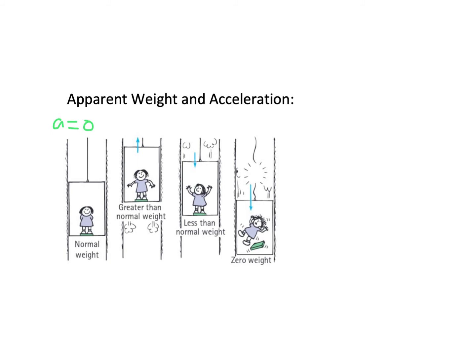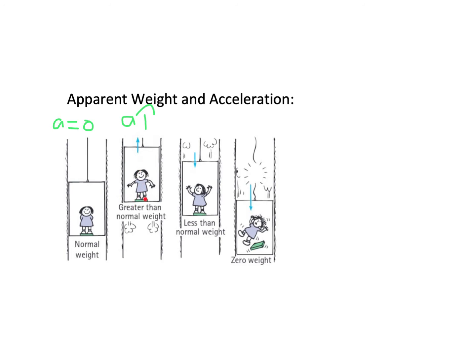Well, here we have some other scenarios with different accelerations. One, we have an acceleration that is upwards. In that case, there's a cable that's pulling the elevator upwards and it's causing it to change its velocity. It's accelerating. The bottom of the elevator has to push on you to accelerate you with the elevator.